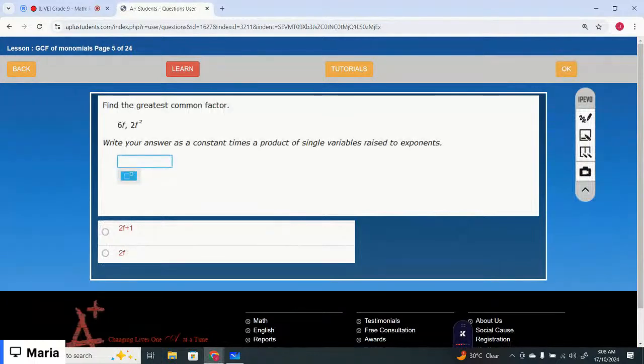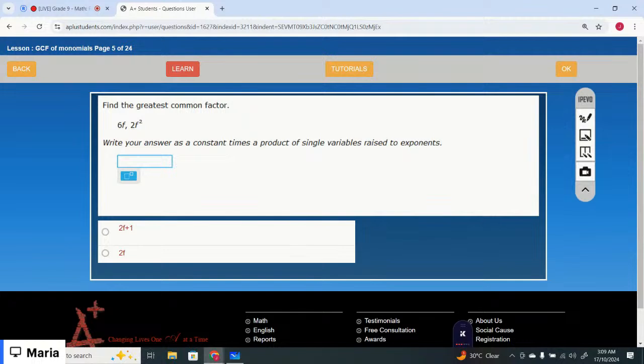Find the greatest common factor of 2f square and 6f. So which is the correct option? That is 2f, right?